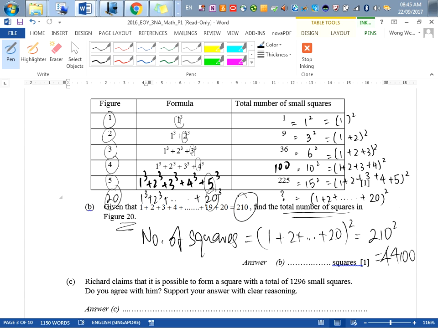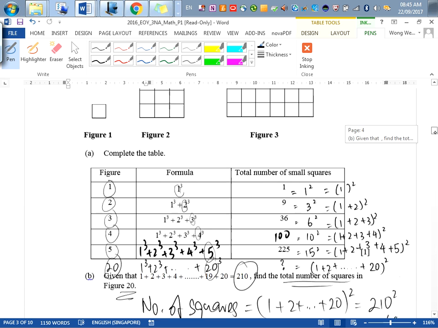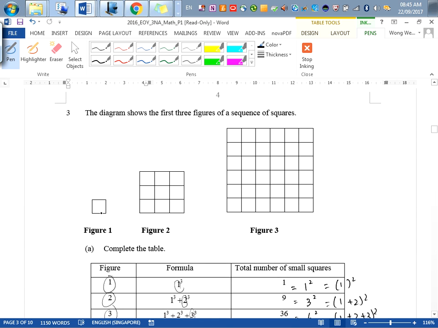Richard says it's possible to form a square with a total of 1296 small squares. Do you agree? Not possible. Why? Small squares. You see the figure, right? It looks like this. The figure will always be a square.